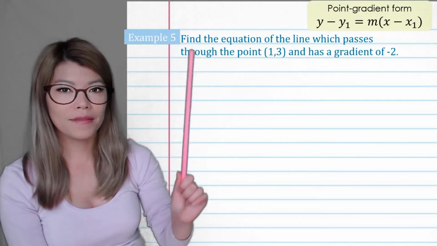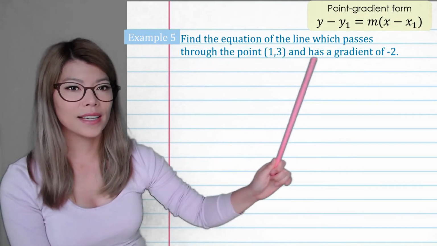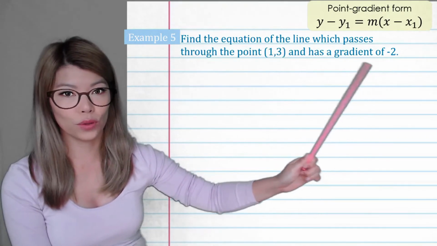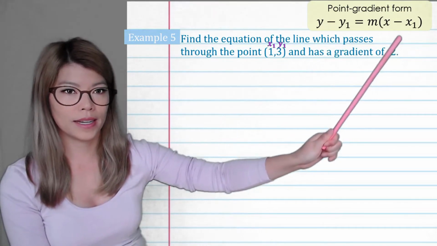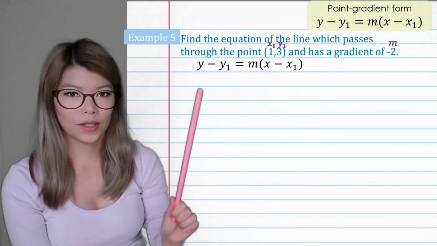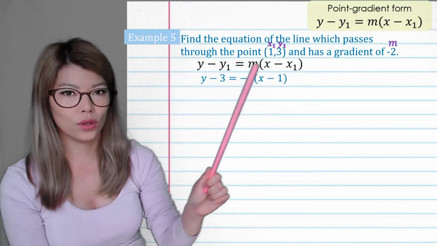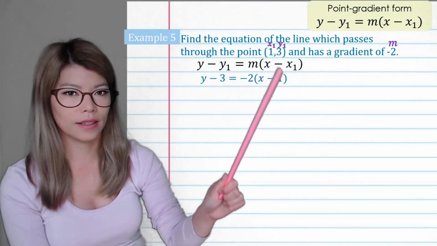Example 5, find the equation of a line which passes through the point 1, 3 and has a gradient of negative 2. So we have a point, we can plug that in, and we have M, negative 2. So let's put that into that equation, put the negative 2 and the point. So the 3 is our y and our x is 1.